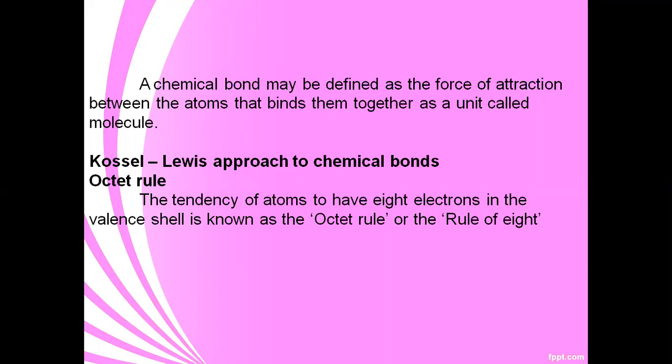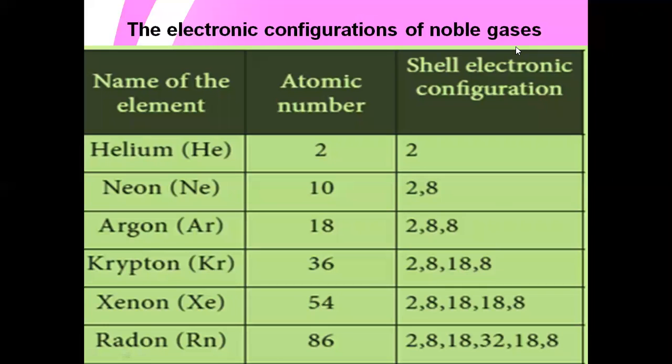They have no tendency to gain or lose electrons, and hence their valence is 0, because the atom is already stable with a completely filled shell. These are the electronic configurations of the noble gases.